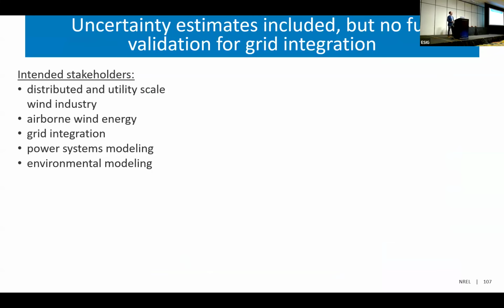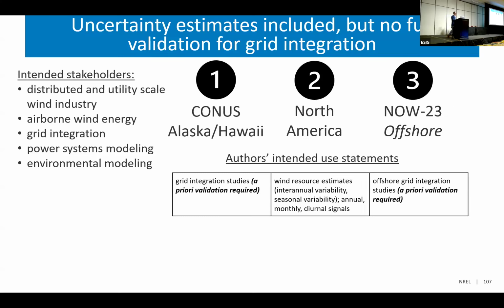Uncertainty estimates are included in some of Carolina and her colleagues' work, but there is not a full validation for grid applications. Every time I press on this, they put little notes in their work. Maybe they wouldn't want me to say this, where they say things like, Luke, a priori validation is required. You're going to have to do it yourself.